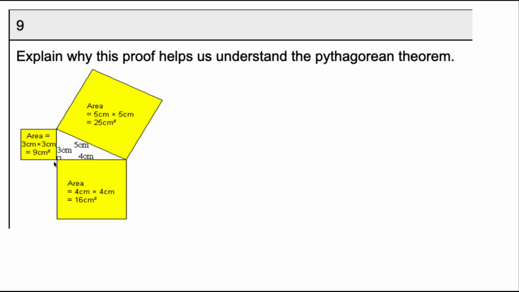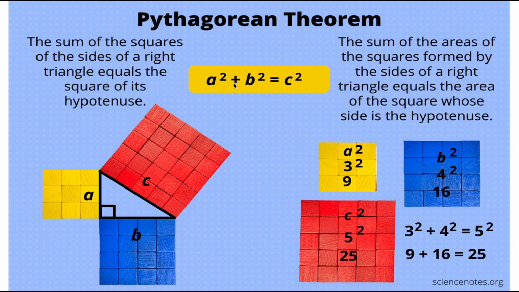And if we use the bottom leg, 4 times 4 is 16. And so the area of these 2 legs added together, 16 plus 9, is 25 centimeters. And that is what our formula shows us. It says a squared plus b squared equals c squared. And so a squared, that's the square, plus b squared equals c squared. And it's exactly like we just found out.